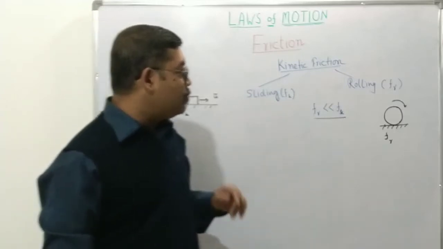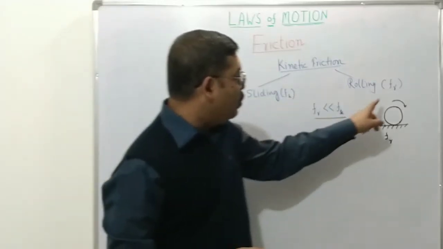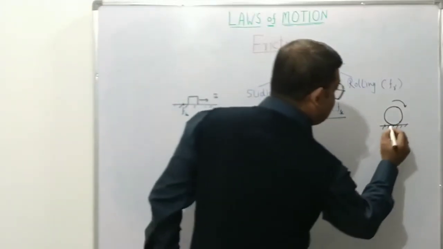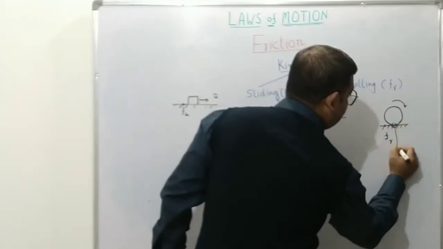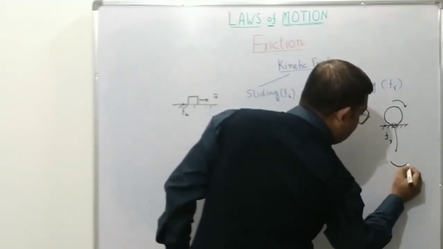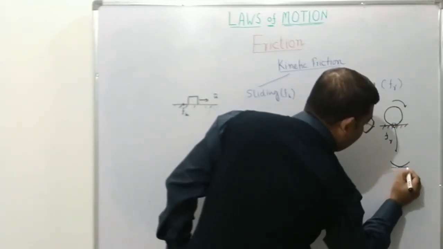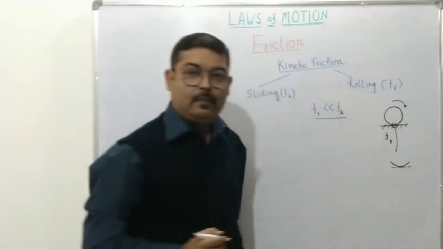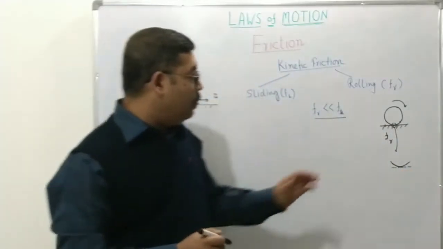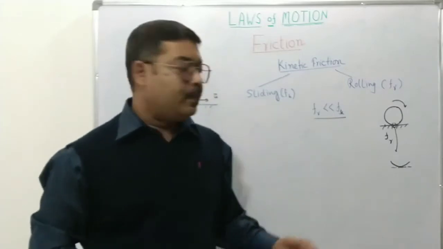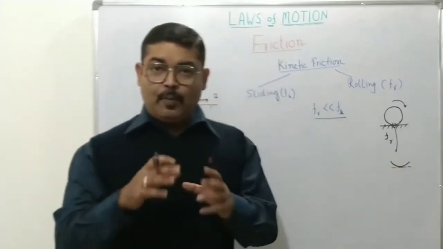First and foremost, we need to understand that when an object rolls over another, at the point of contact, this point, which is very small, the object is momentarily stationary.